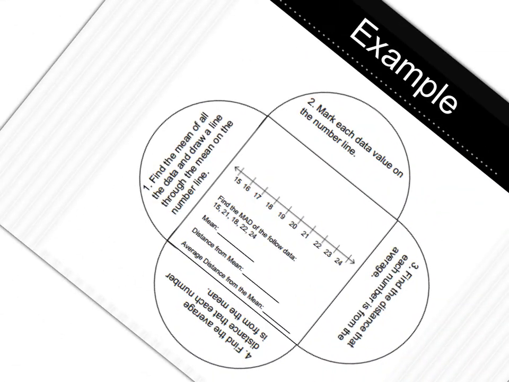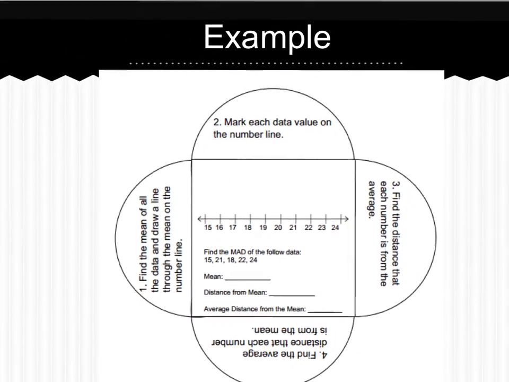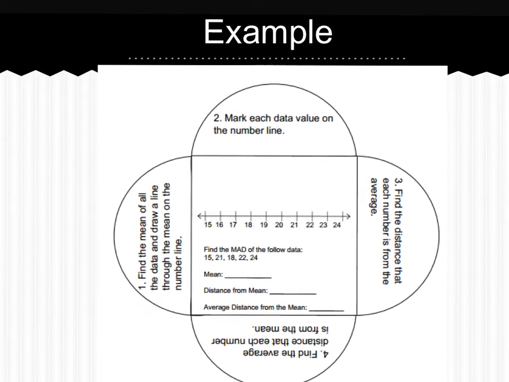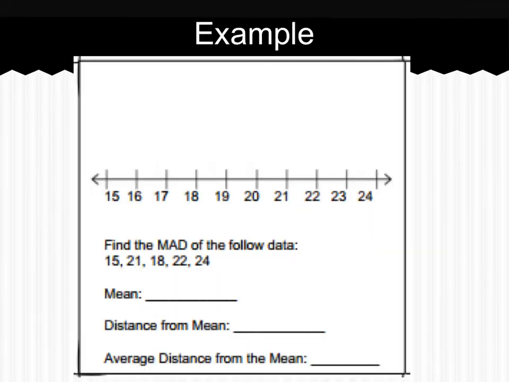So those 4 steps: find the average, mark the numbers on our number line, then find the distance each number is from our mean and average all of those numbers.